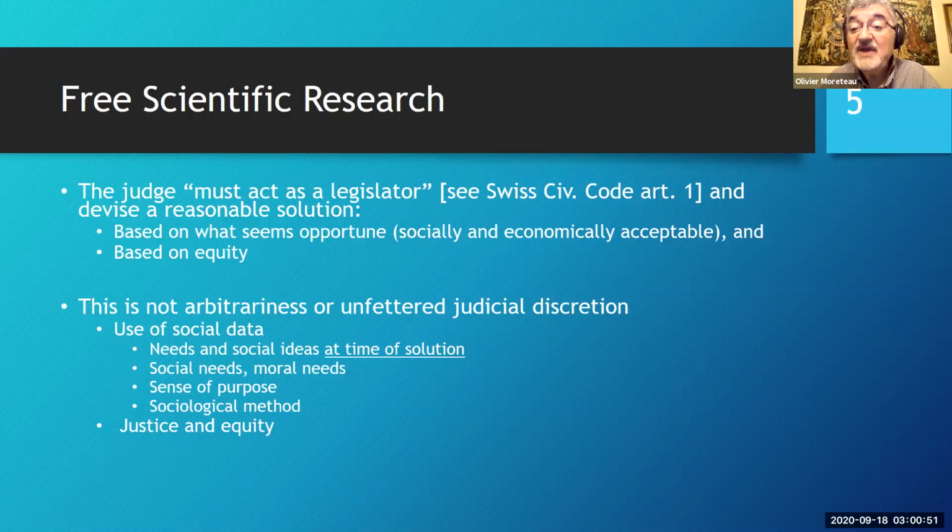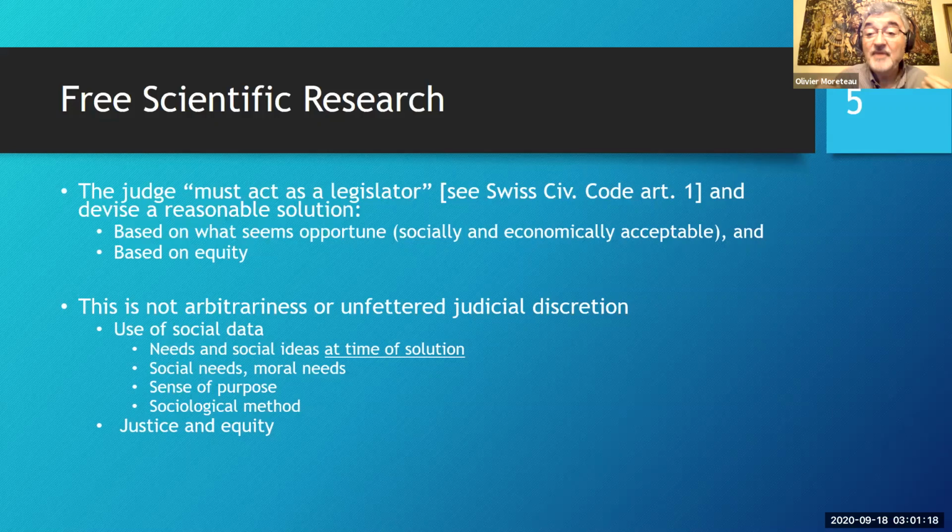Stop being obsessed by what legislators may have intended in time past, okay? Focus on the present time and what is at that moment, okay? Identify the social needs, identify the moral needs of the population.